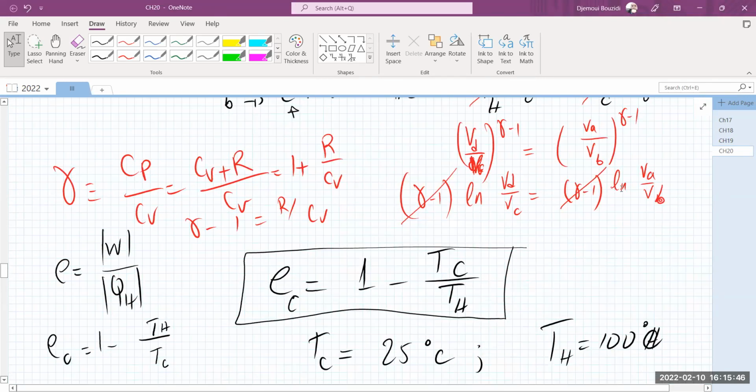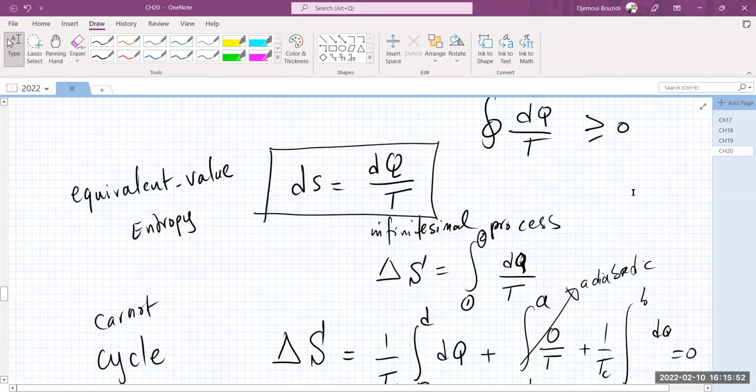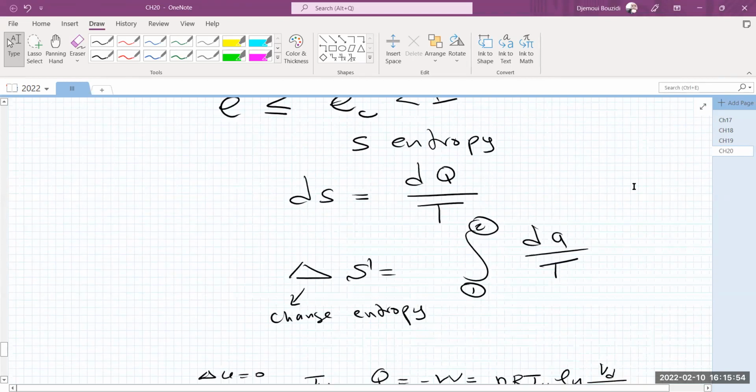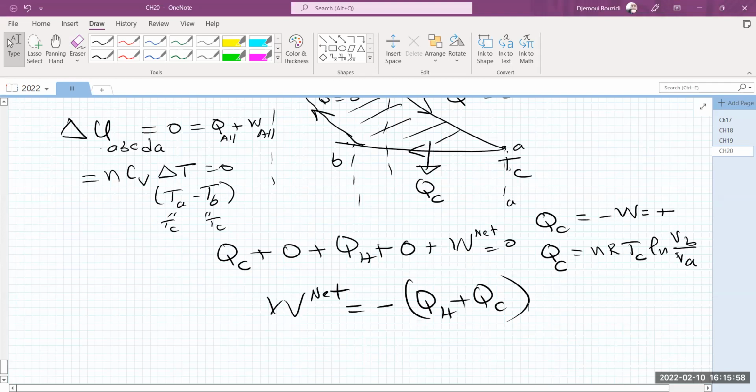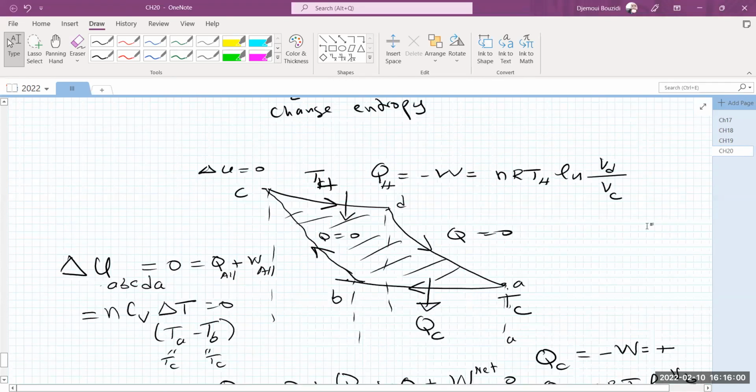The numerical value of this log and of this log are the same. VD over VC, this compression, and this expansion are the same in terms of the ratio of the volumes.